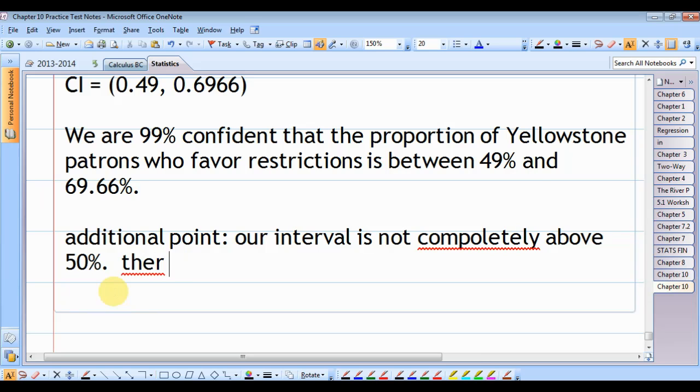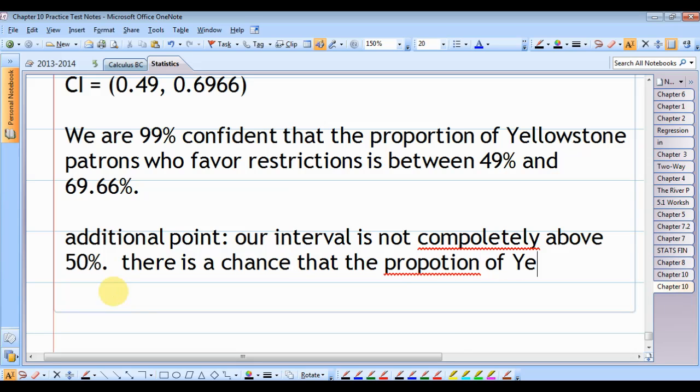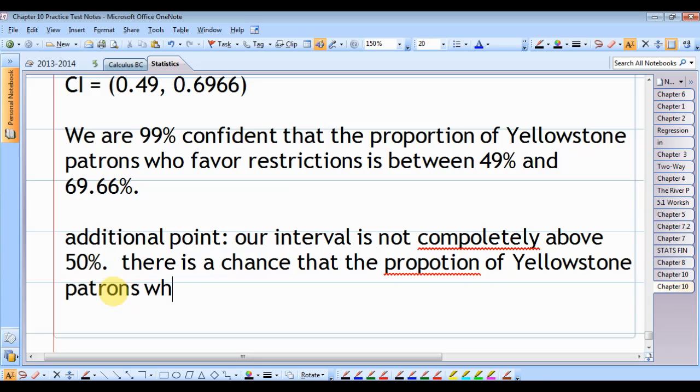There is a chance that the true proportion of Yellowstone patrons who support the restrictions is less than 50%.